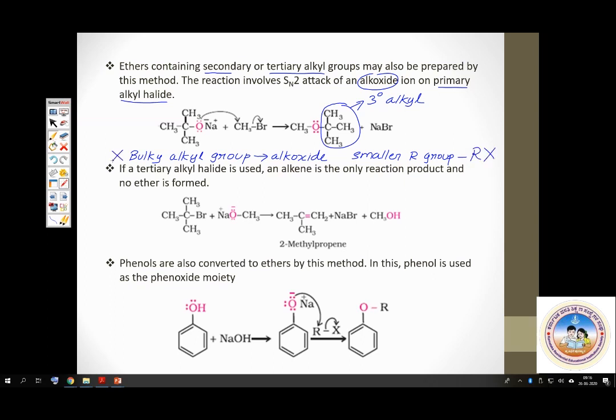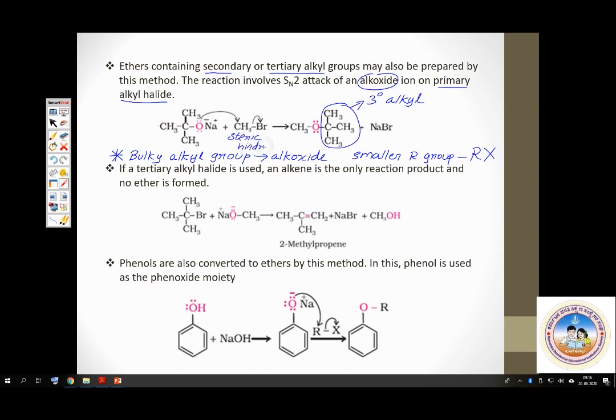Whichever R group is smaller, take it in the form of alkyl halide, because that's when the SN2 reaction becomes easy. Steric hindrance is less. So to prepare tertiary butyl methyl ether, you take tertiary butoxide and methyl halide.